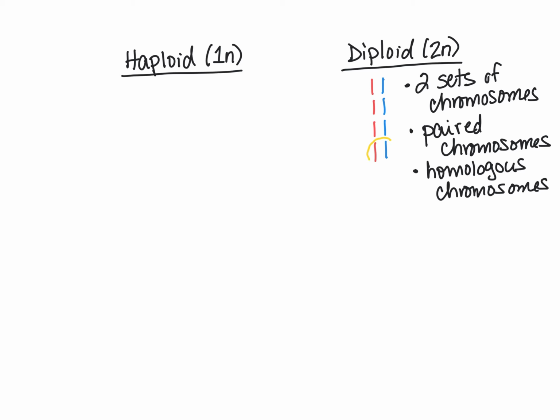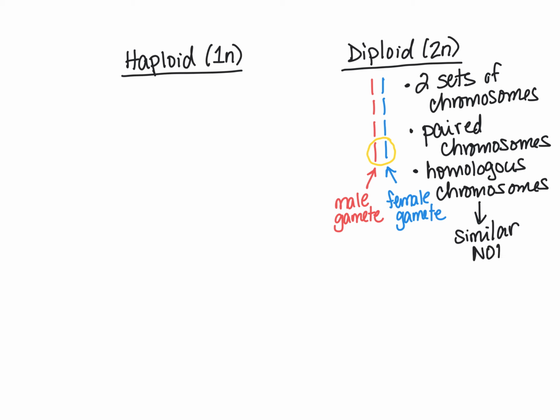Here is one pair, a pair of homologous chromosomes. The reason we have these paired chromosomes is because the male gamete provides one set of chromosomes and the female gamete provides another set. And remember that these homologous chromosomes are similar, but they are not identical.